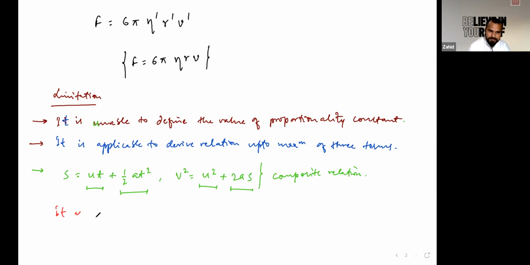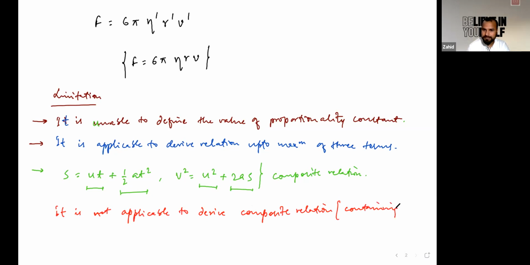So it is not applicable to derive composite relation, means containing plus or minus sign.